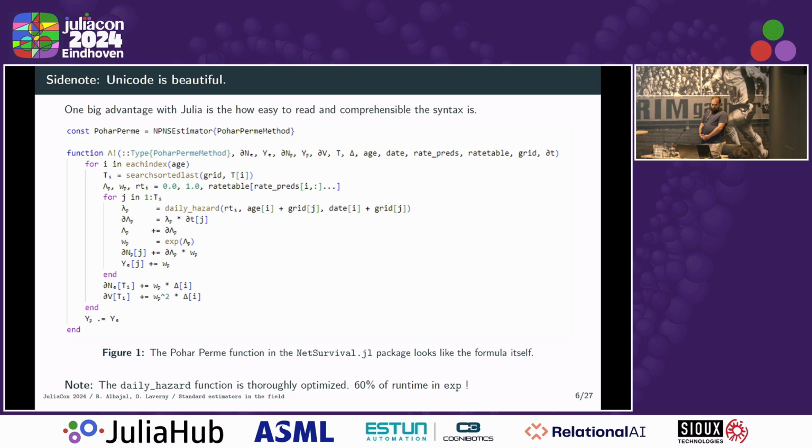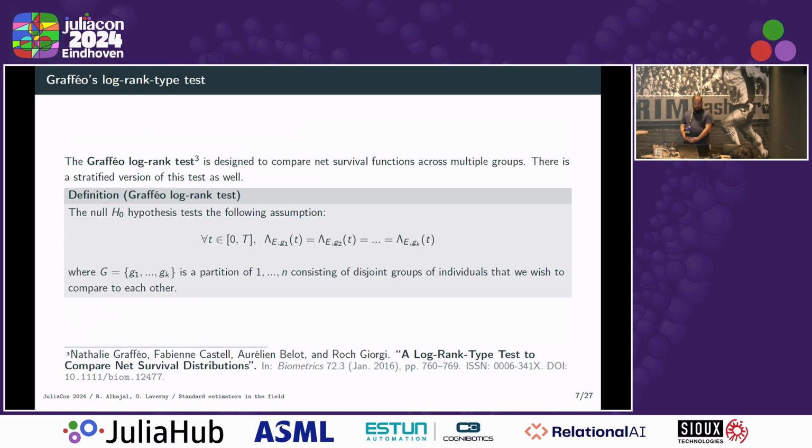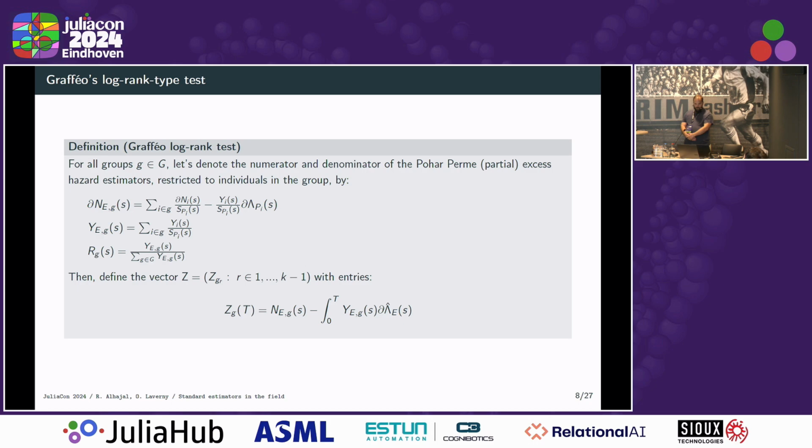And now that we have our net survival functions, we want to be able to compare the net survival functions between groups. This is where we introduce the logrank test, the Crafeo logrank test, where the null hypothesis aims to compare the excess hazards across partitions inside of a group. To do that, we first construct the z vector, which is the difference between the uncensored death process and its estimation under the null hypothesis.